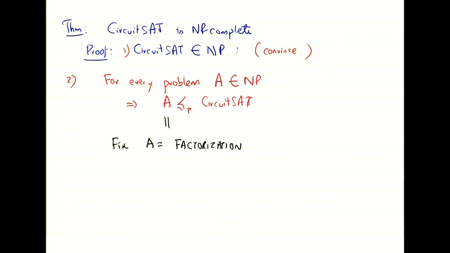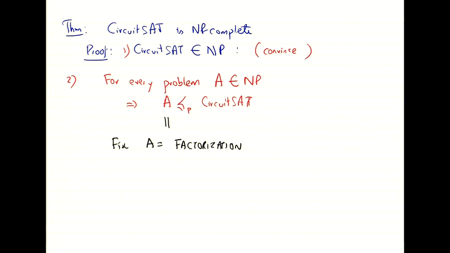And one thing I did during the process was, for concreteness, for exposition purposes, I said, let the problem be factorization. Okay, and so we saw a proof of how to reduce factorization to circuit SAT. But really the key thing which I wanted to convey is that if you look at the proof that factorization reduces to circuit SAT, you don't really use anything about factorization.